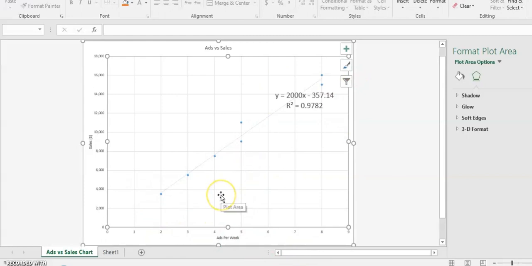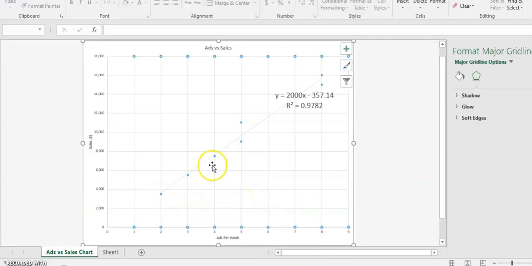So we can use this to predict between 2 and 8 ads. Now our question said, what is the predicted value for 4? Well, if we go to 4 and then go across, there's that 7,000 and change. So that's how this graph is read. That's it. I'm going to pause and go to the next example.